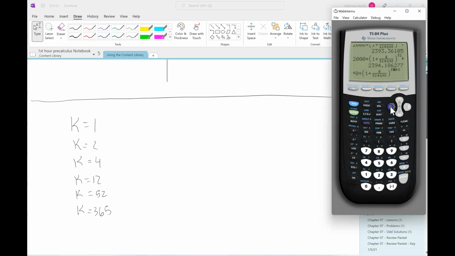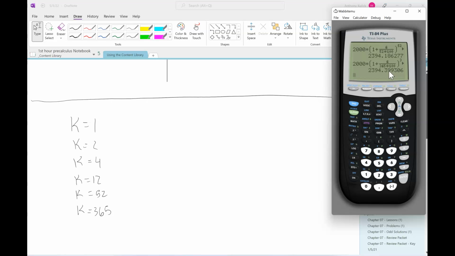365. Big deal or no deal? Yeah, not much of a difference. Couple of cents, a quarter or something. So the number of compounds per year does make a difference, but it can only help you so much.